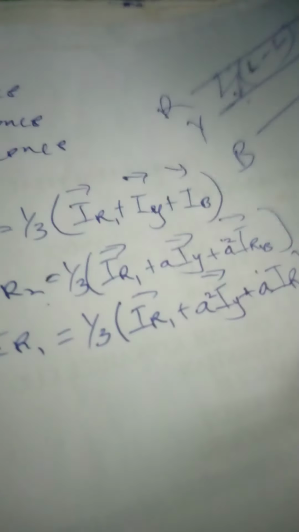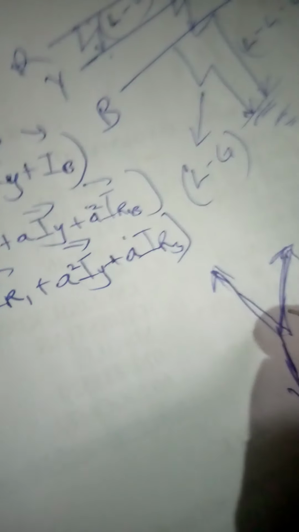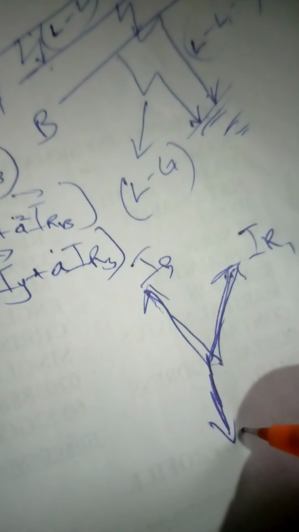But please note that this A is a displacement of 120 degrees. A is at 120 degrees, A squared is 240 degrees. As you can see, it's given like this. We know that this one is red phase, this one is blue, this one is yellow.